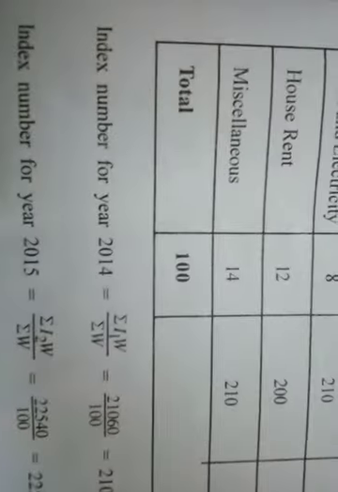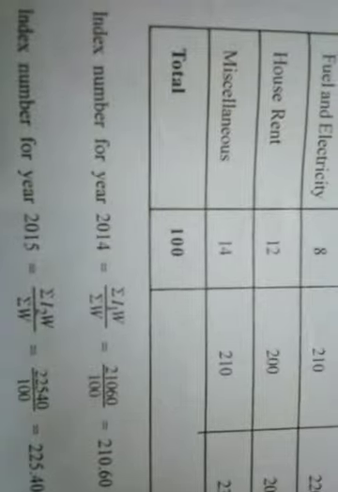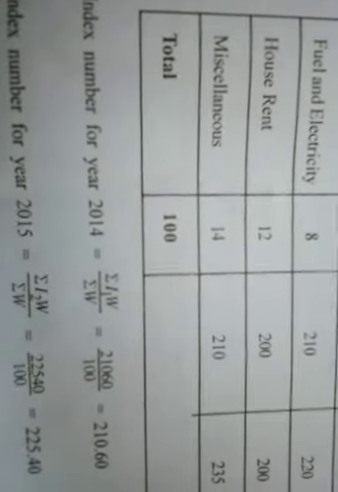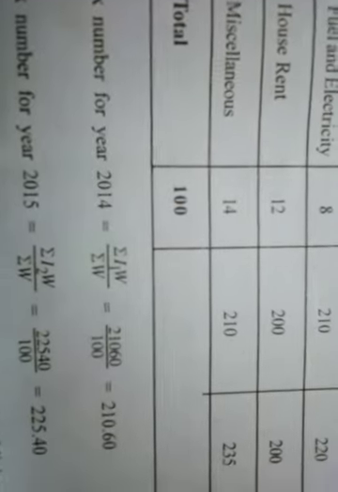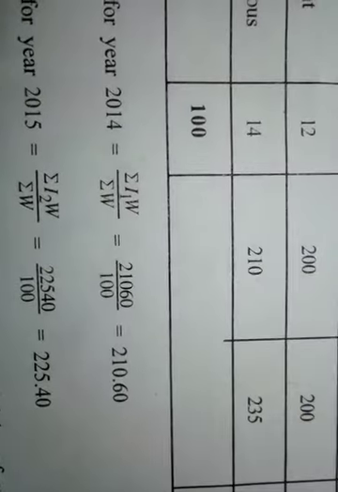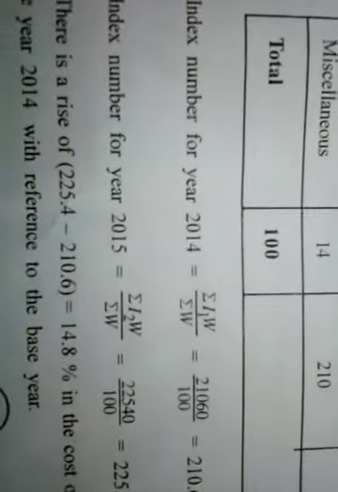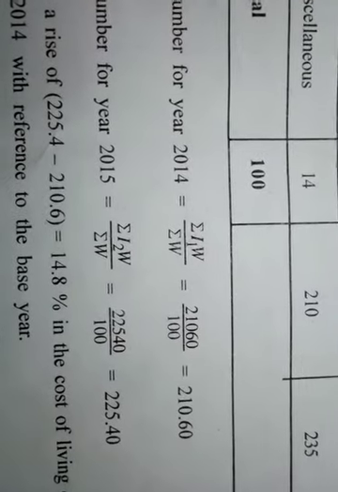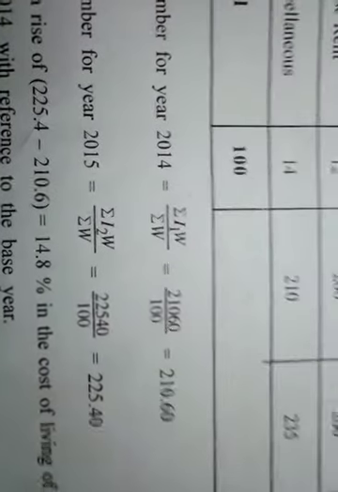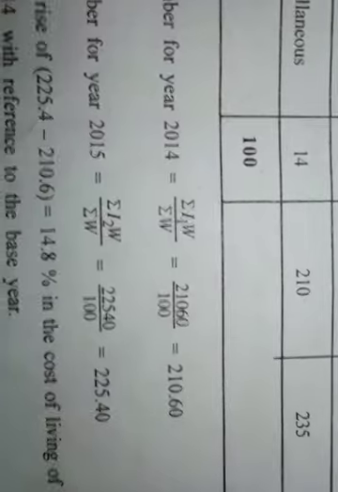Now the index number for the year 2014 is sigma I1W upon sigma W, which is 21,060 divided by 100, which is 210.60. Whereas the index number for the year 2015 is sigma I2W upon sigma W, which is 22,540 upon 100, equal to 225.4.